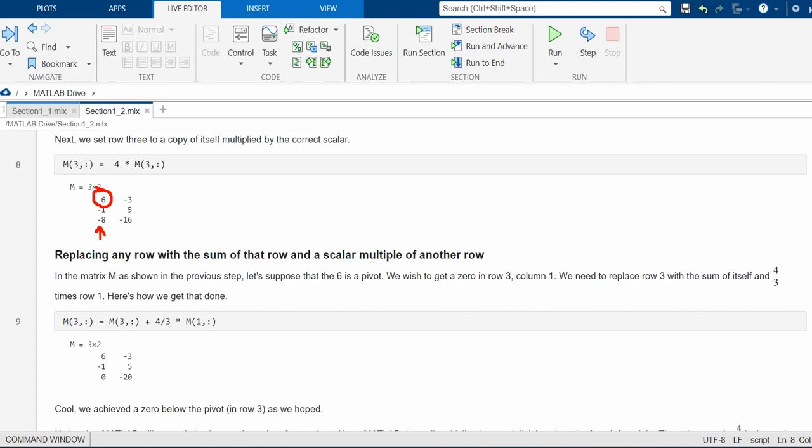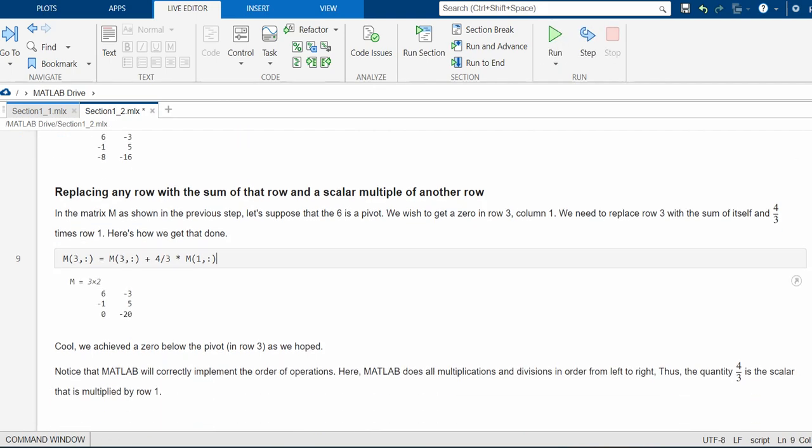If I divide by 3, 6 divided by 3 is 2, then multiply by 4, that's 8. Then I'd be adding 8 plus -8, and I'd get a 0. So I chose the row operation that would help me get a 0 in the third row beneath the pivot if the pivot were 6. Okay, so when you run it, it does in fact work. We do in fact get our 0.